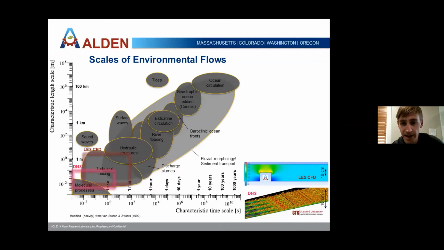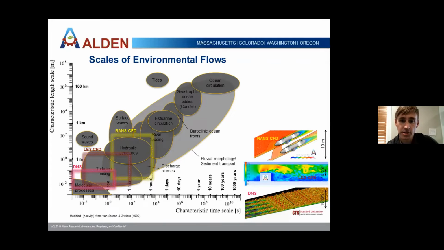Moving up to large eddy simulation, here's a simulation of unstably stratified flow over a block in a channel. And you can see the rich structure of the turbulent eddies. With large eddy simulations, like it says, we're resolving the larger eddies, but our grid only goes down to a certain point, and there's still eddies going on below that spatial scale that we have to parameterize their effects on the flow using some kind of subgrid scale eddy viscosity type model.